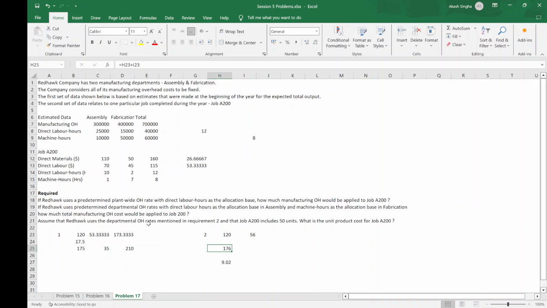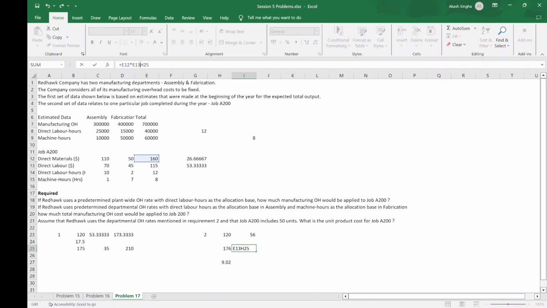Okay, so assume that TRADOC uses the departmental overhead rates mentioned in requirement 2, and the job A200 includes 50 units. What is the unit product cost for job A200? So now we have to add all of these: 160 plus 115 plus 176.